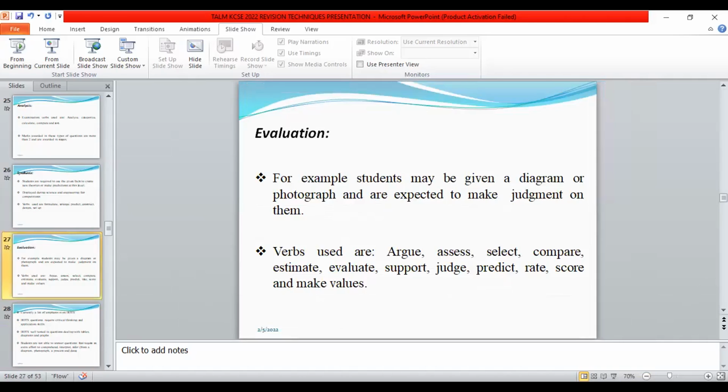I've already emphasized that high order thinking skills are tested in questions that deal with tables, diagrams, and graphs. I know all of us have seen that from 2017 there's a certain question that has been set on use of a table, and it has been set from 2017 up to last year.